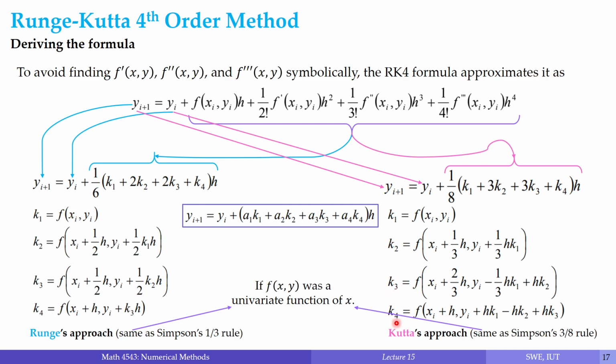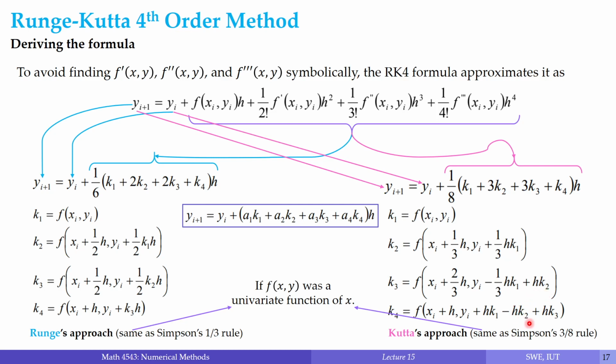Now let's talk about K4. For K4, he went all the way towards the right, so he progressed by one whole step. So xi plus h, and at that point, he said the value of the dependent variable y would look something like this: yi plus h times k1. So he added this h times k1 over here, and he subtracted whatever he added in the last preceding slope value, which is h times k2, right?